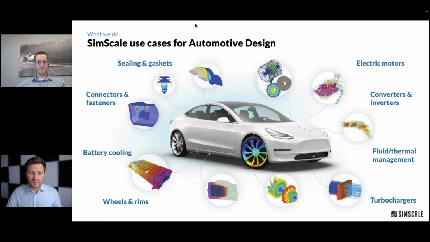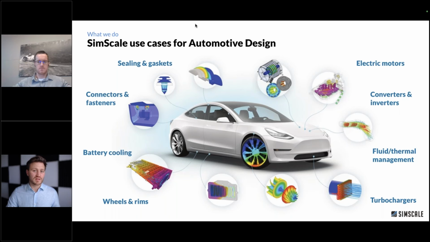Some of the use cases that we support in the automotive industry are listed here, but one of the highest impact things that we do is putting a high fidelity simulation tool in the hands of the designers at an early stage in the process. That could be non-linear structural analysis for something like connectors, one-time snap fits, or sealing technologies. It could be coupled conjugate heat transfer analysis for electronics cooling use cases.